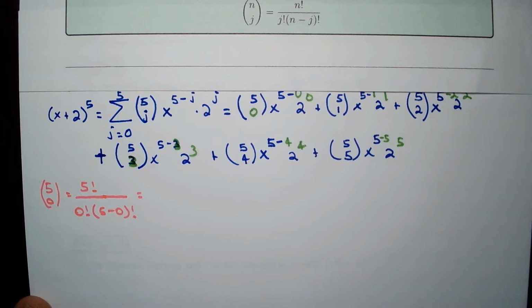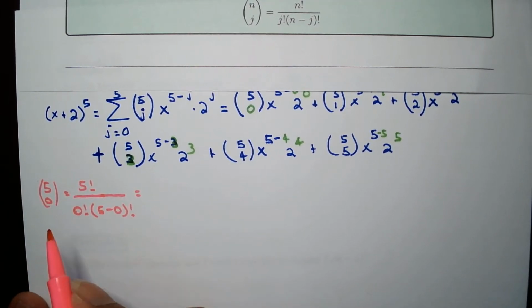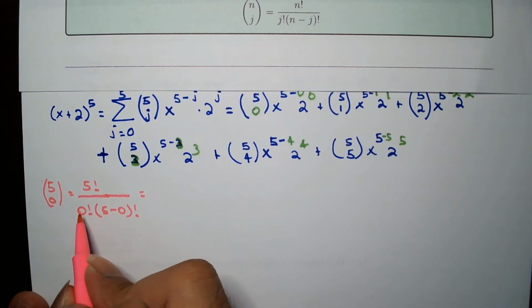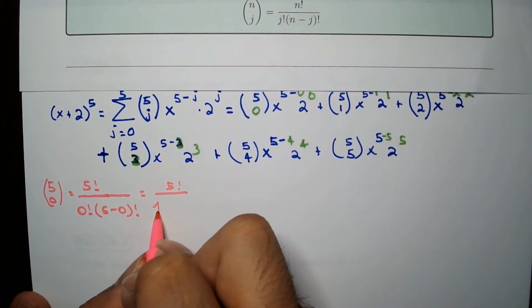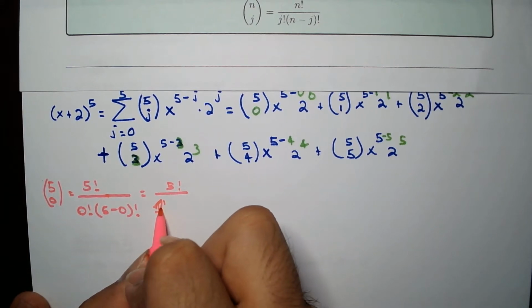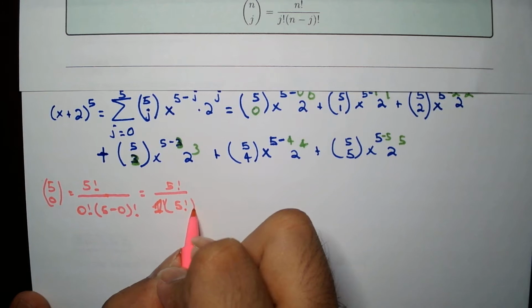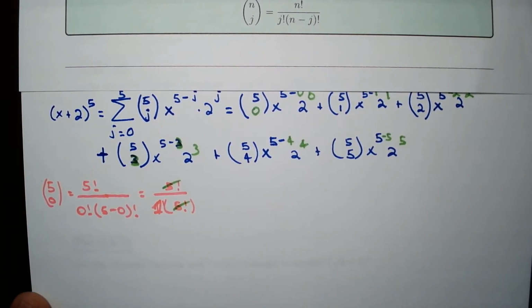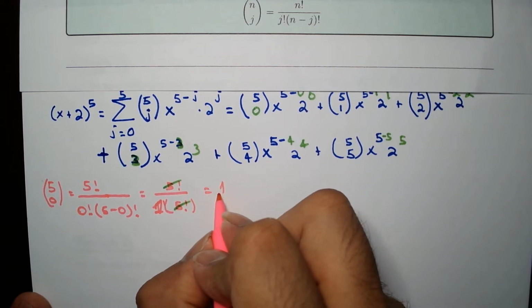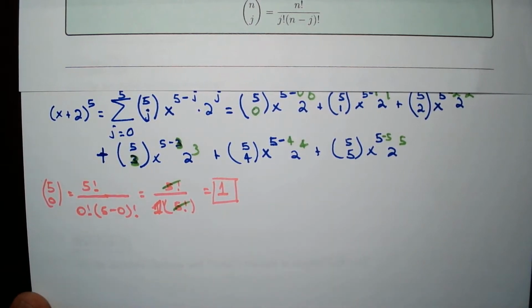Recall from a couple of sections ago, 0 factorial is 1. So 5 factorial over 1 times 5 minus 0, that's 5 factorial. So we can simply divide this out, and this is going to be 1. Let me put a box on it.